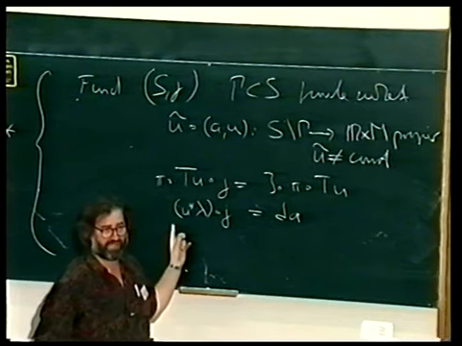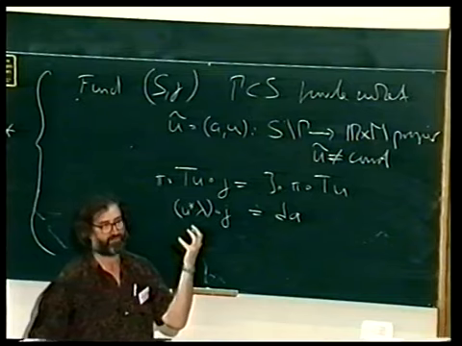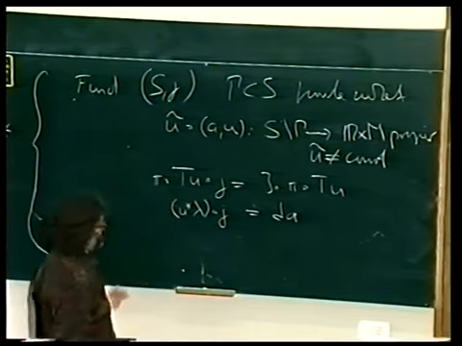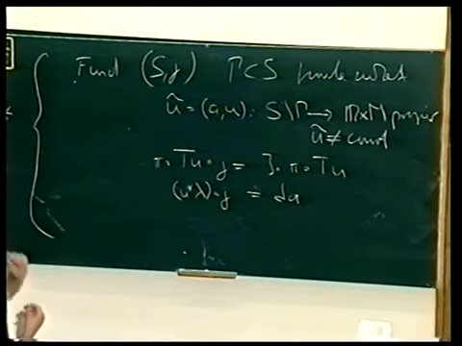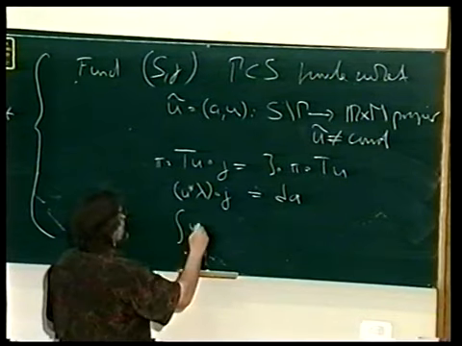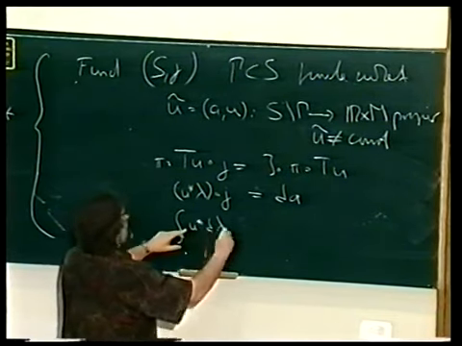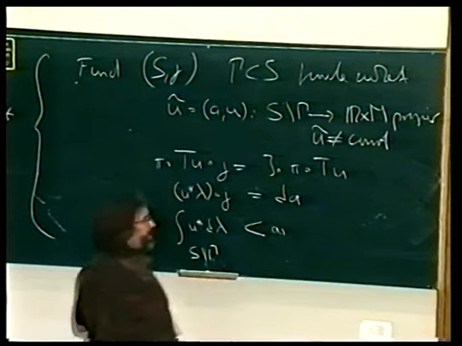Why 0 homology class? For example, it could lie in the pullback of the total homology of the surface, which is also a good generalization. But let's stick with this one. So this is holomorphic, but now we need some more conditions. Namely, we require that the pullback of the lambda over the punctured surface is finite.